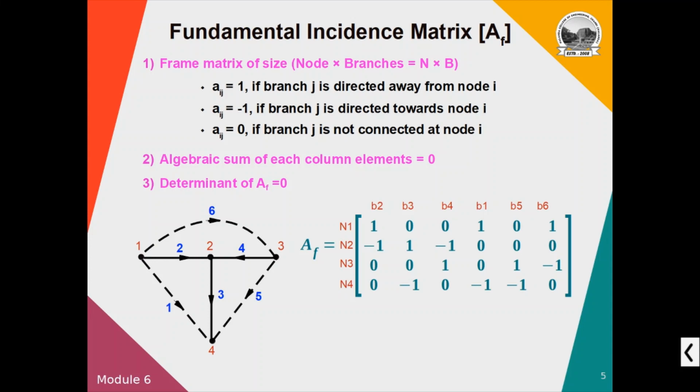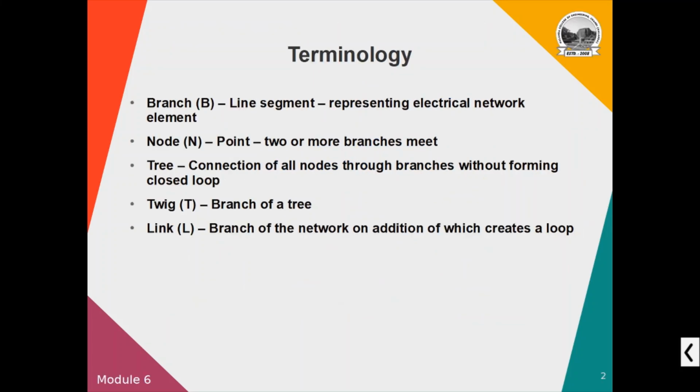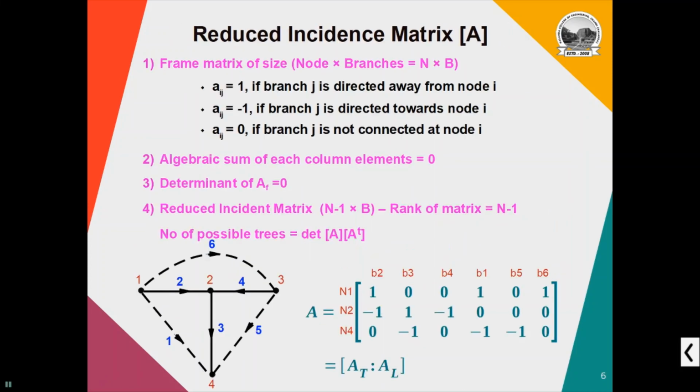The matrix we obtain after removing that one node, the reference node, we will call a reduced incident matrix. So instead of 4 nodes we will have only 4 minus 1, that is 3 nodes. Here I am removing the third node because I am considering it as the reference.